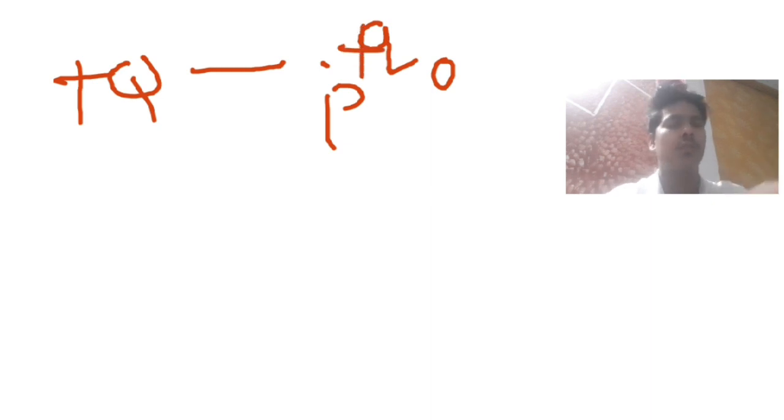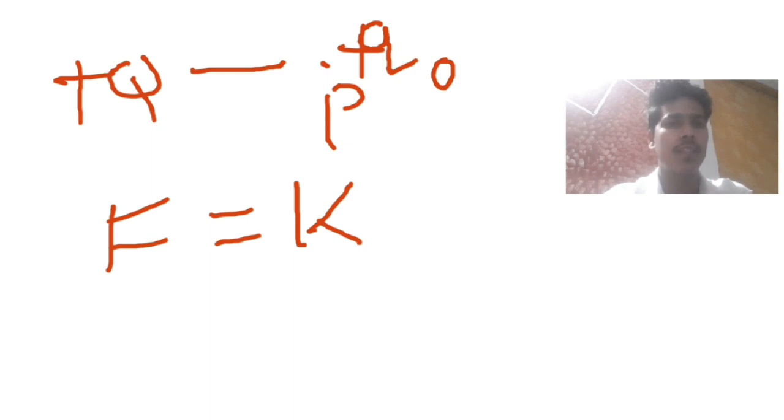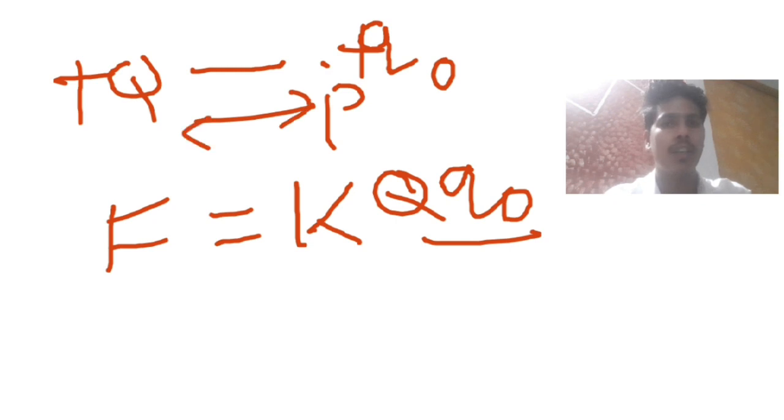Now suppose here we have this positive charge Q, and there is a point P at which we want to find the electric field intensity. Following the steps, we put the positive q naught charge at this point. Now we find the force on this positive q naught charge using Coulomb's law, according to which there is a constant k, first charge q and second charge q naught upon the distance between them, small r squared.